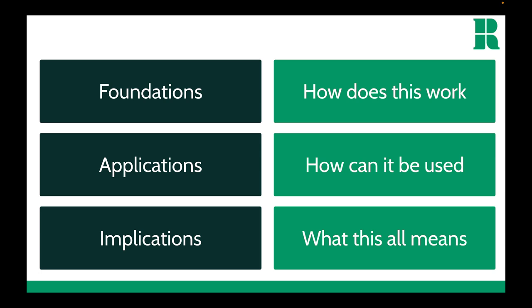And that model carries over when we start thinking about AI education. How does this work ought to be something which we're covering as part of computer science lessons in school, I think. How can it be used is something which matters to you as teachers because you're very busy people and getting the AIs to help with some of that workload, not a bad idea.